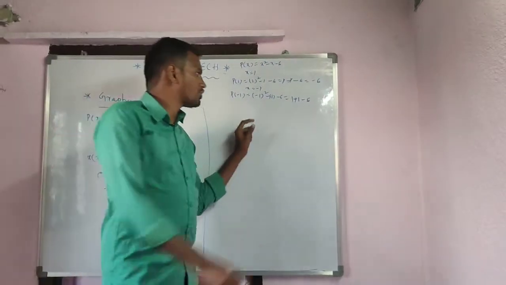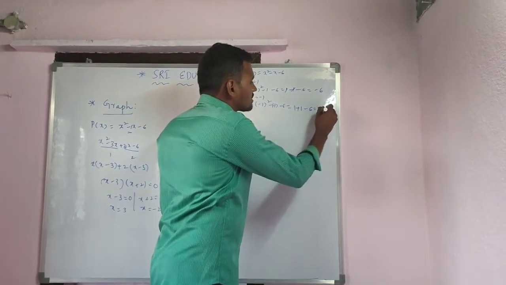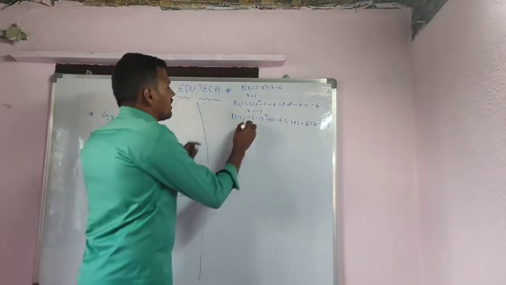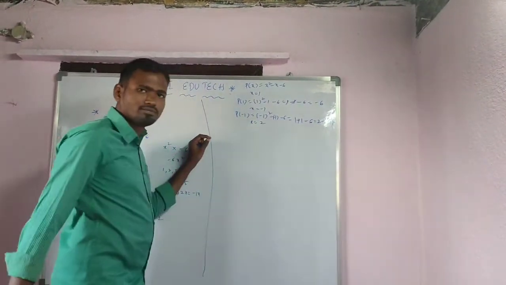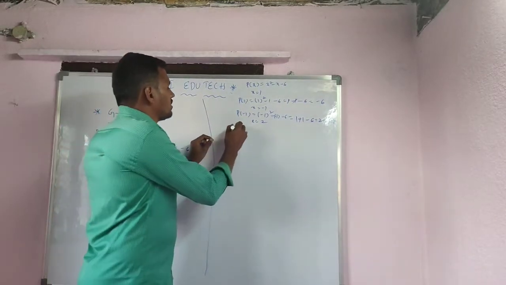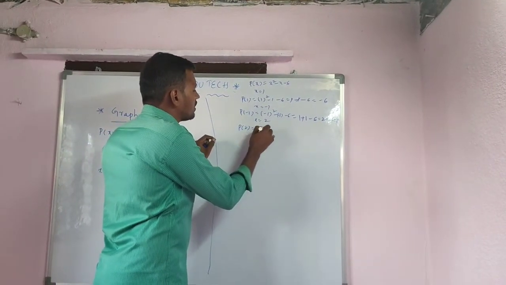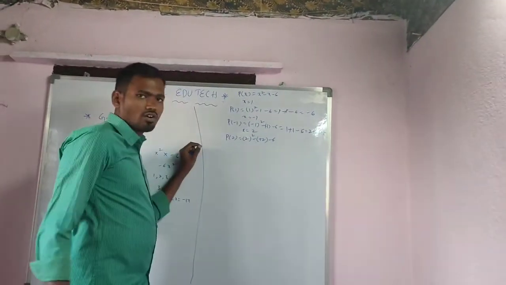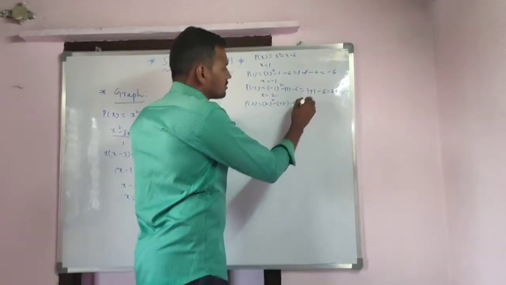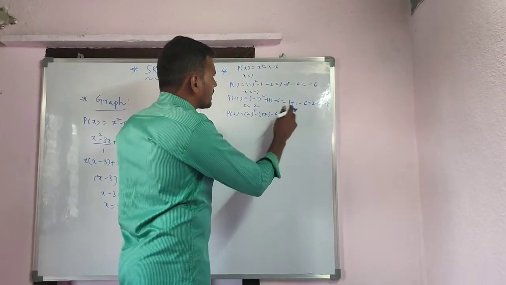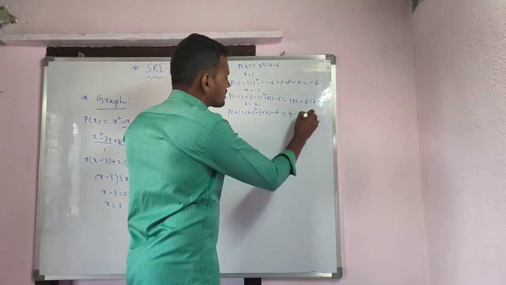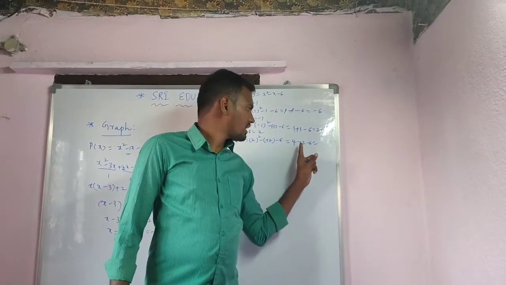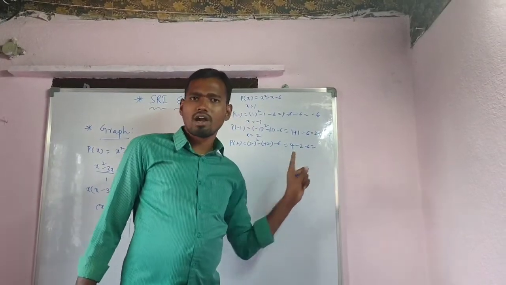Then 1 plus 1 is 2, 2 minus 6 is equal to how much? Minus 4. Next x is equal to 2. Substitute, p of 2 is equal to 2 square minus 2 minus 6. 2 square means 4, minus into plus is minus, then 2 minus 6. Whenever you have two minus symbols, add the two numbers, then keep minus only.